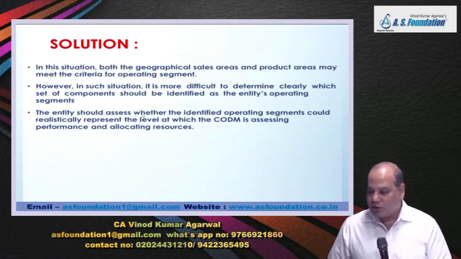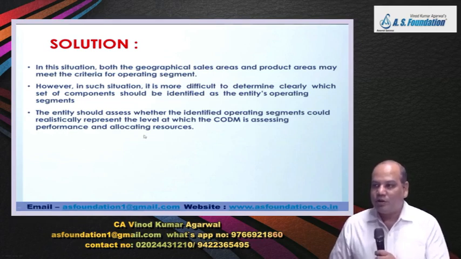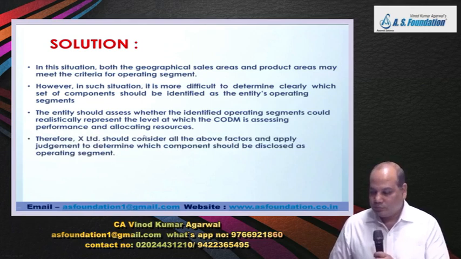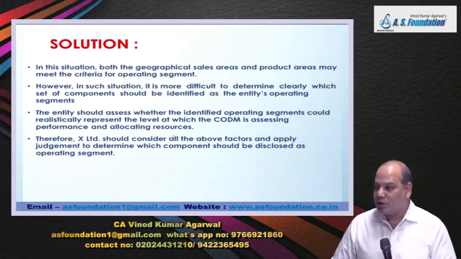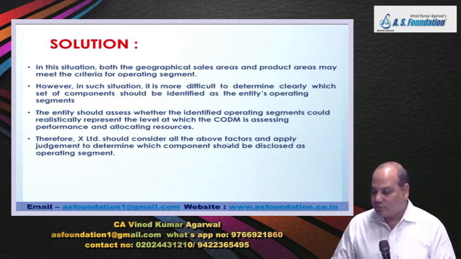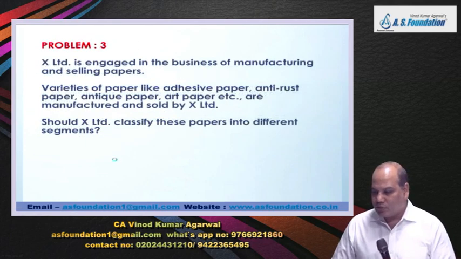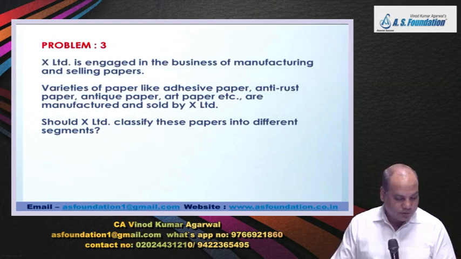Therefore, the entity should assess whether the identified operating segment could realistically represent the level at which the CODM is assessing the performance and allocating the resources. So you have to actually see how the CODM is assessing performance and allocating the resources. Therefore, X Limited should consider all the above factors and apply judgment to determine which component should be disclosed as operating segment. So some degree of judgment was involved in this previous example.